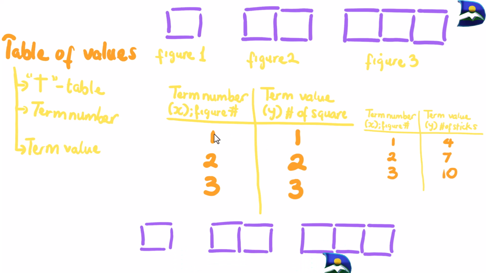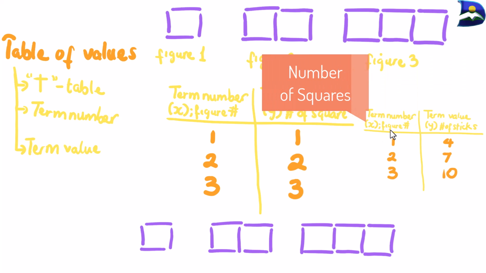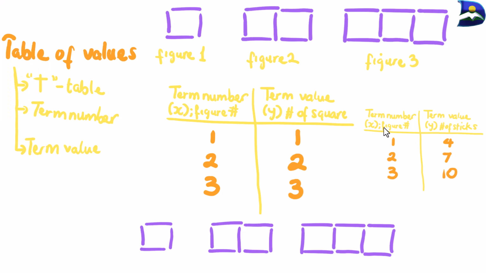So you need to recognize that not only is the number of squares the same as the figure number, but you can also show the relationship between the number of squares and the number of sticks required to create them. That is something to keep in mind when designing a table of values that is more representative of the entire scenario.